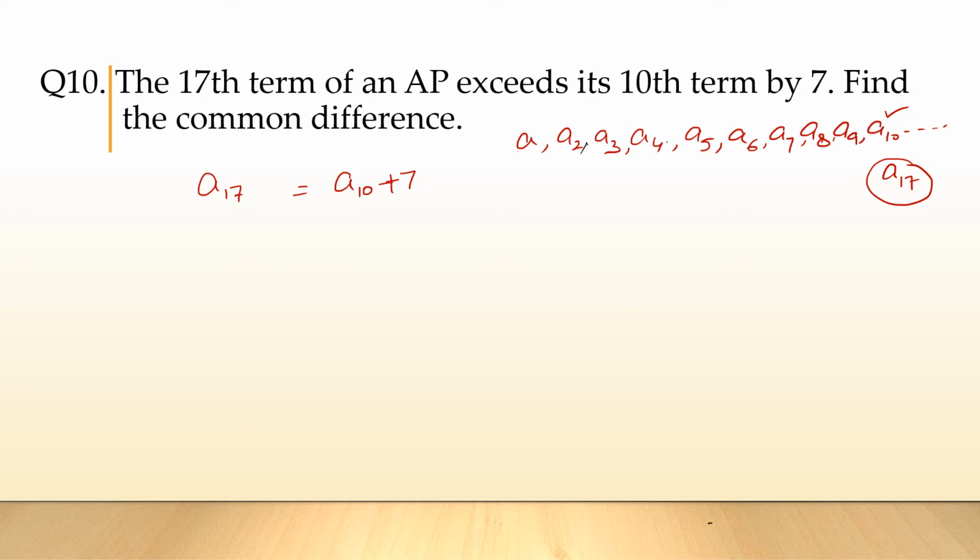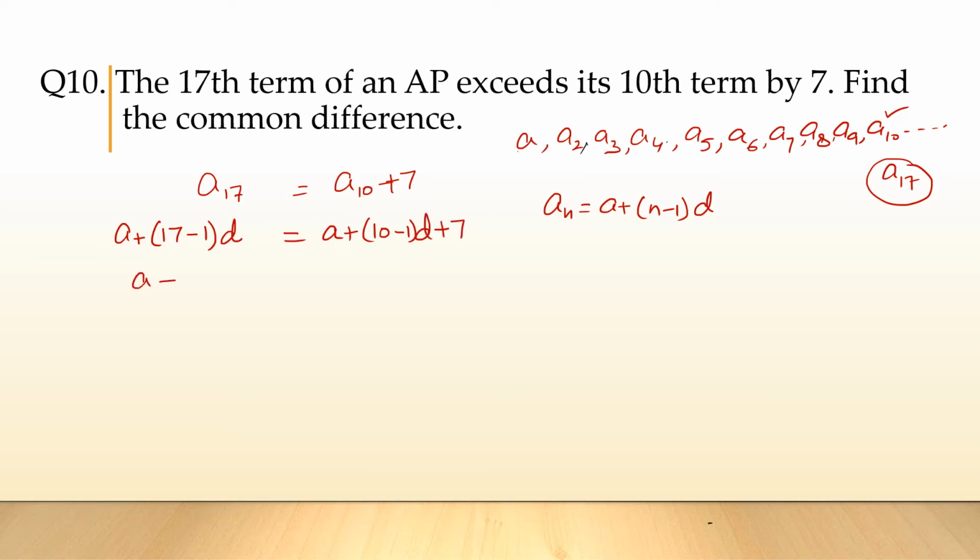A17, by using the formula of nth term, which is a plus n minus 1 d, right? So A17 can be written as a plus, the value of n is 17 here, a plus n minus 1 d. This is A10, so here it can be written as a plus 10 minus 1 d, and this plus 7 as it is.